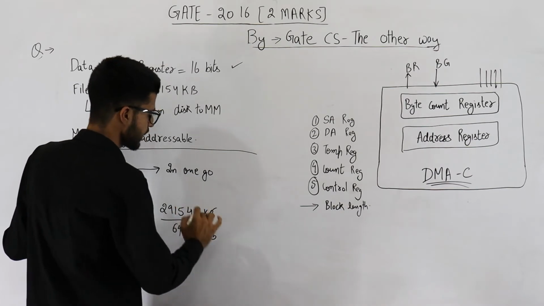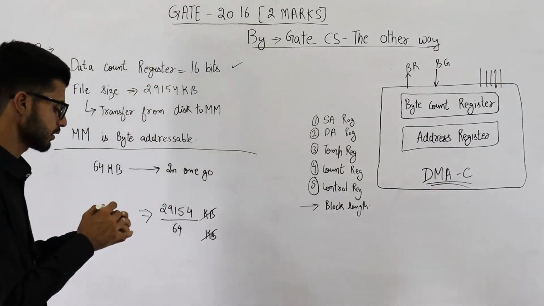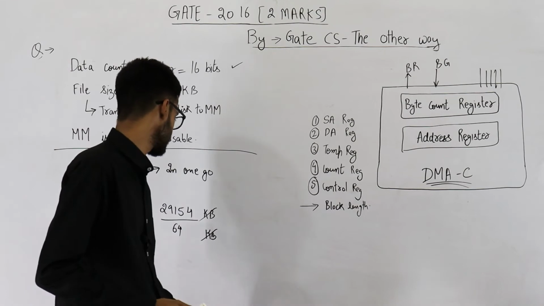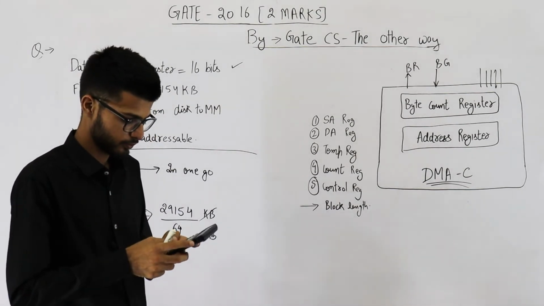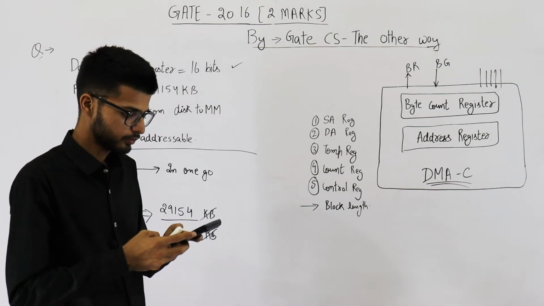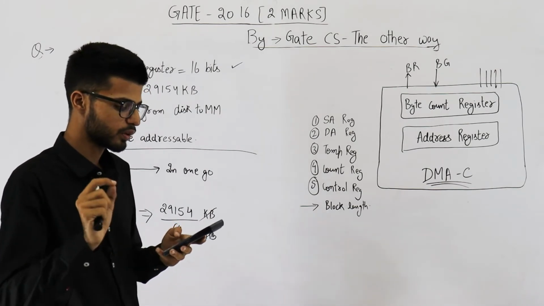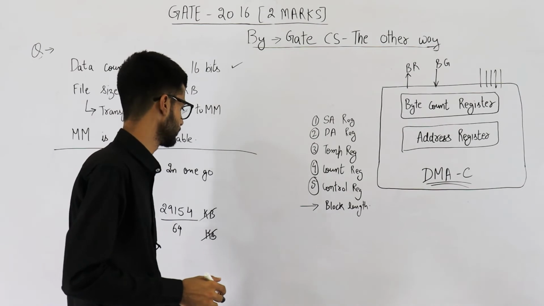Both of these will get cancelled. So your answer will be 29154 divided by 64. This is 455.53.